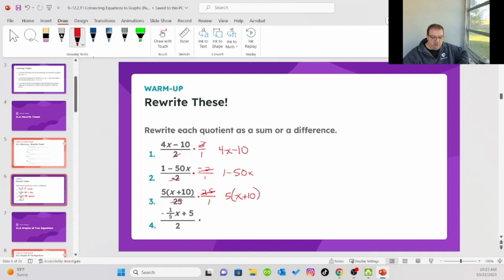And now I could multiply this by 2. This cancels out, and this becomes negative 1/5 x plus 5. So anytime we want to get rid of a fraction, we are going to multiply by the denominator. You'll use this moving forward when you are trying to rearrange your linear equations.